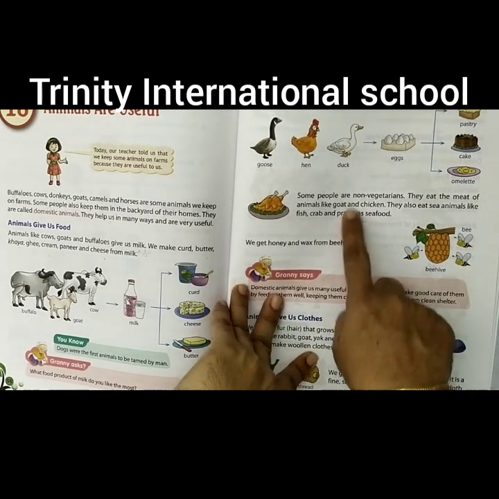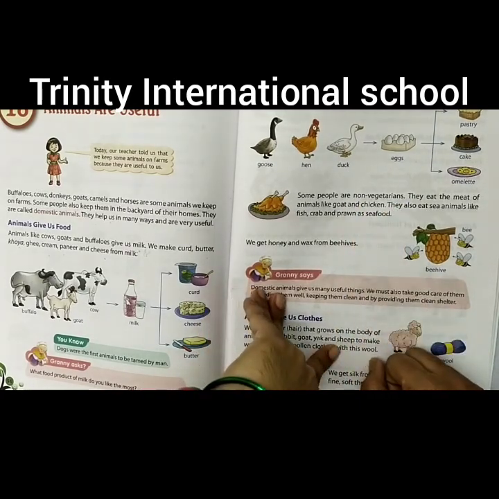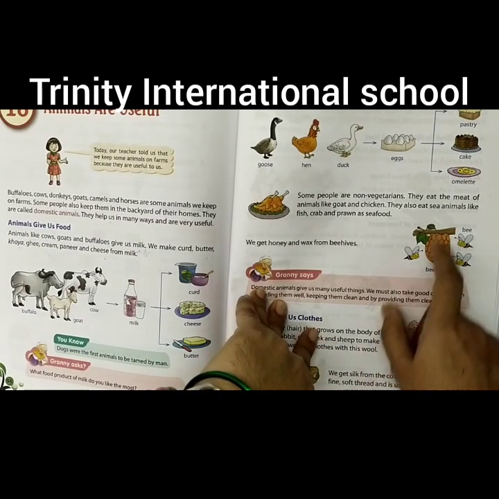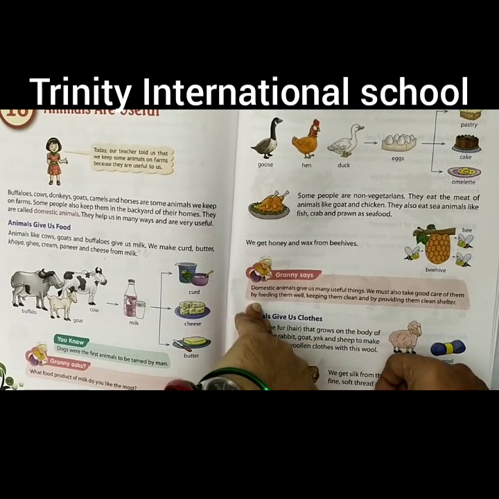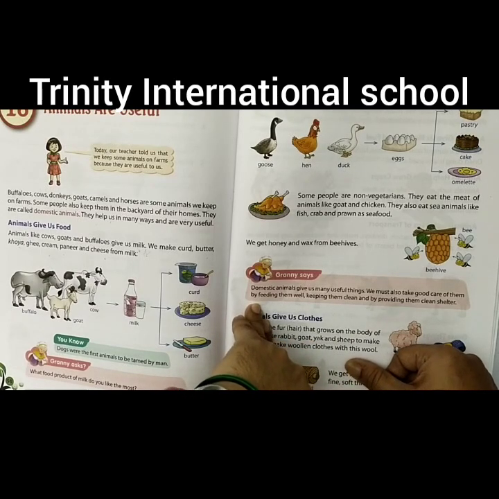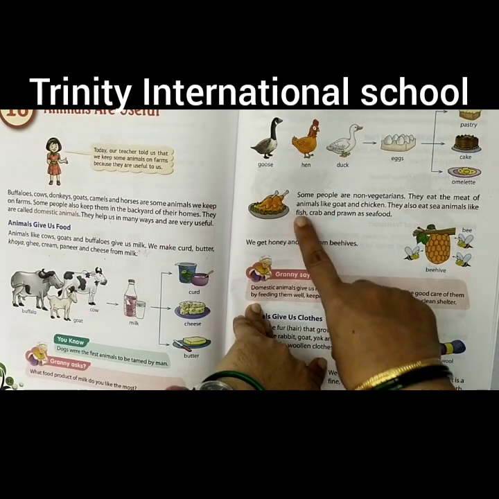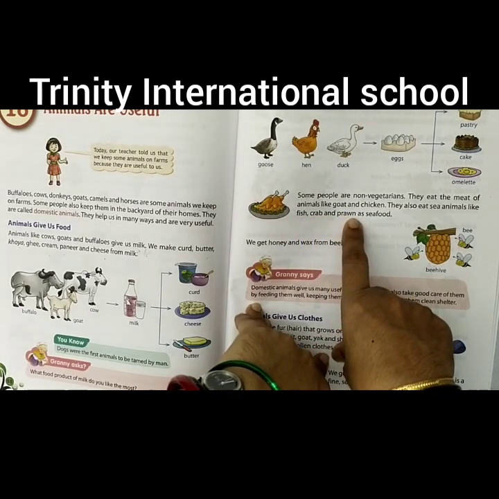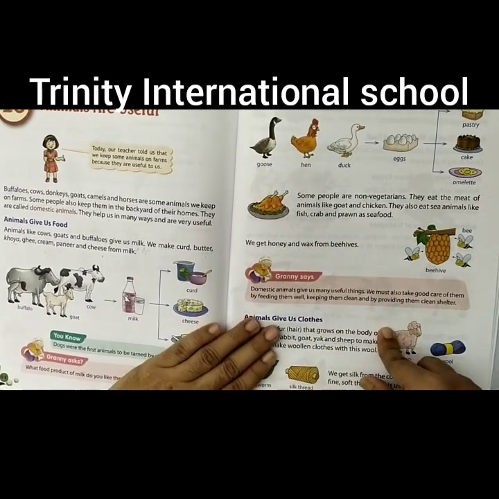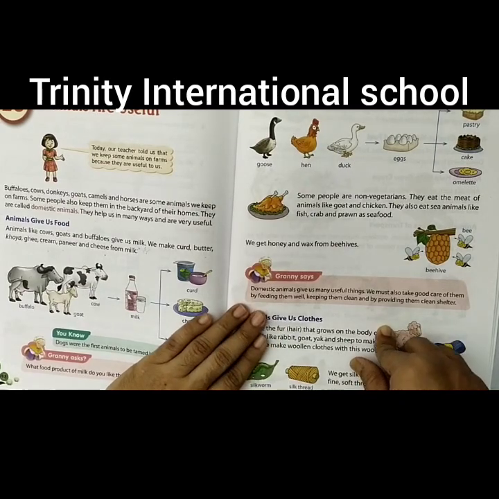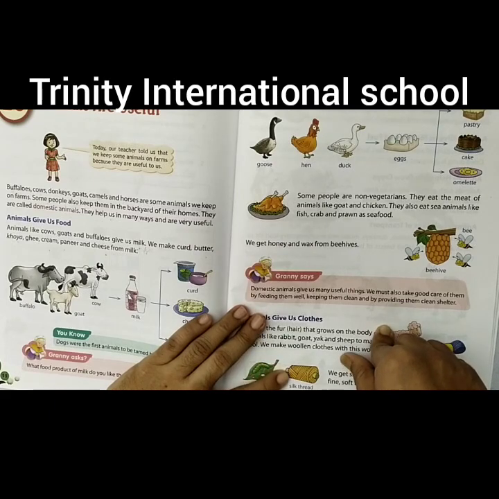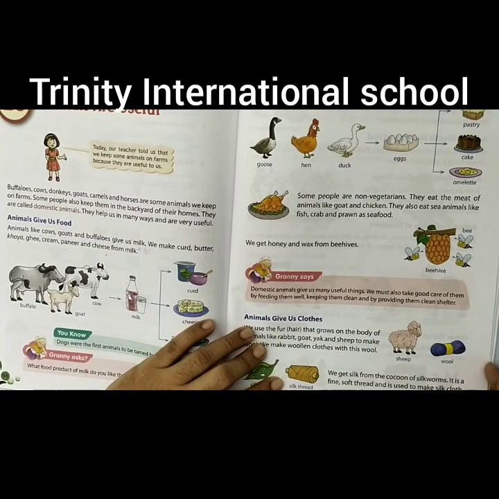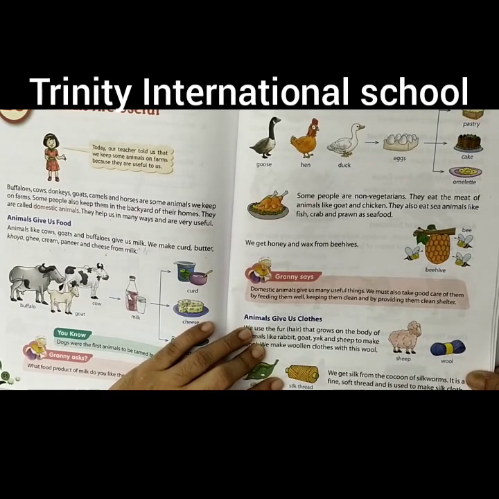But non-vegetarian people are the people who eat the meat of animals like goat and chicken, as well as sea animals such as your fish, crab and prawn. ओके, सो नॉन वेजिटेरियन जो पीपल होते हैं वो लोग मीट एंड फिश दिस टाइप ऑफ फूड दे कंज्यूम. So they are called the non-vegetarian people.